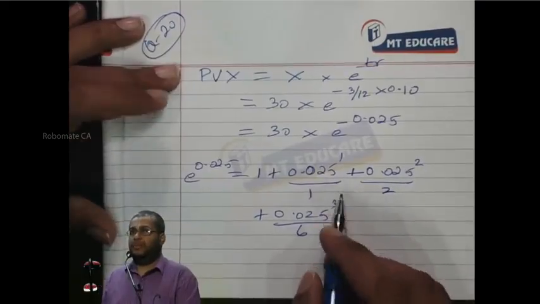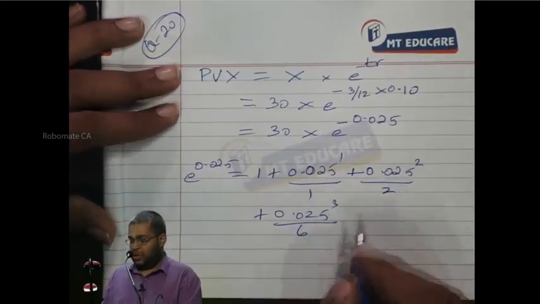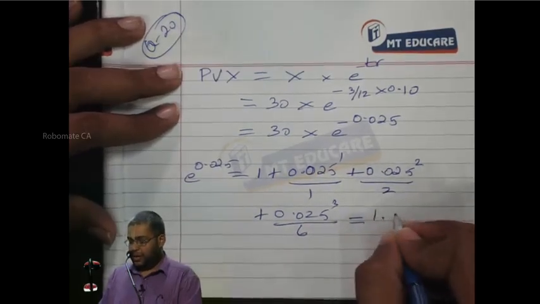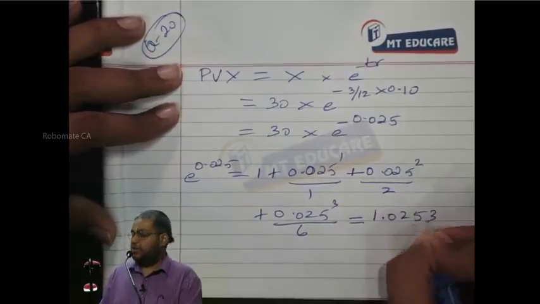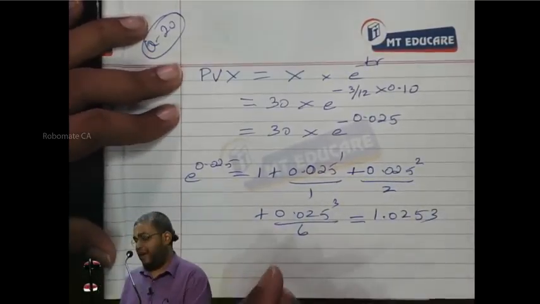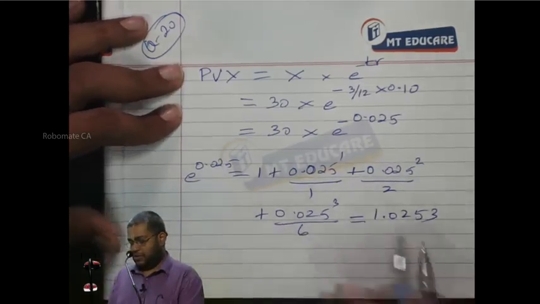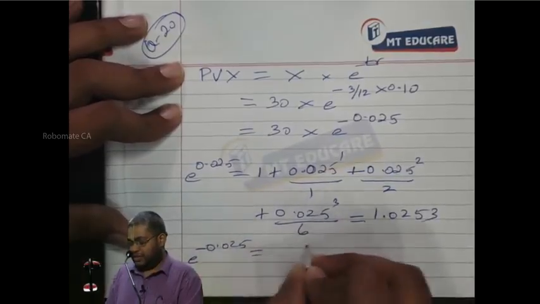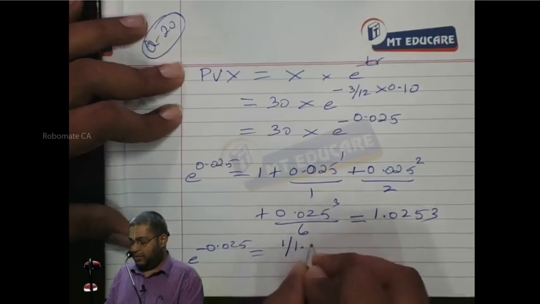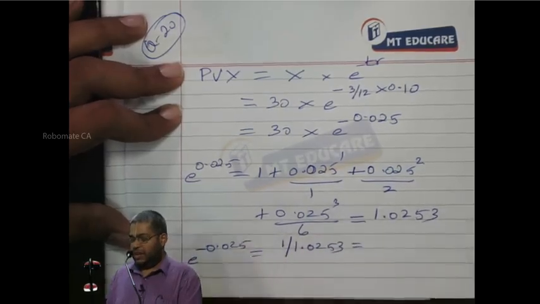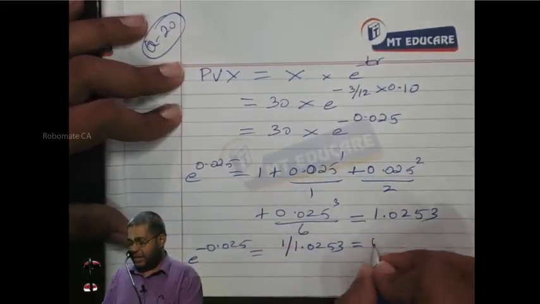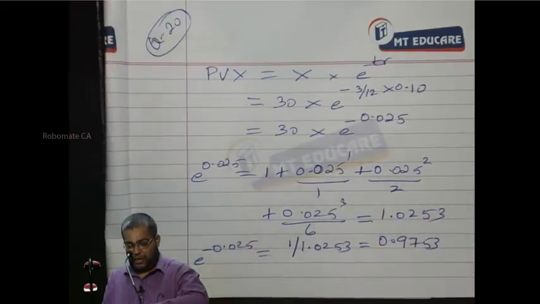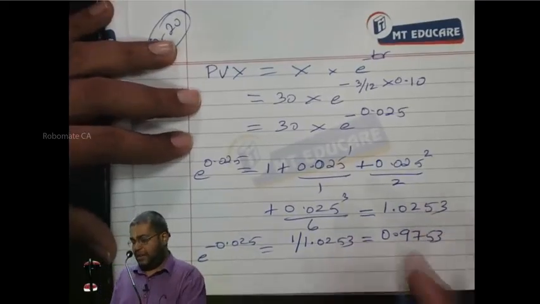Simplifying, the number is 1.0253. So e power 0.025 is 1.0253. I want e power minus 0.025, which is 1 divided by 1.0253. The present value factor is 0.9753. I hope everybody is understanding.